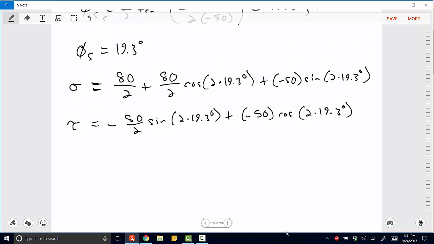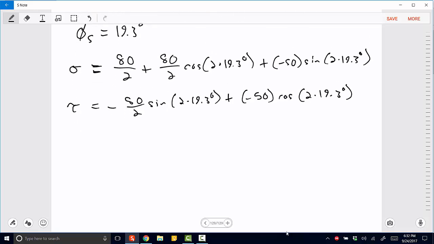So we're just plugging them into those general equations, and we'll find that sigma is equal to 40 megapascal, and our tau here is equal to negative 64 megapascal.